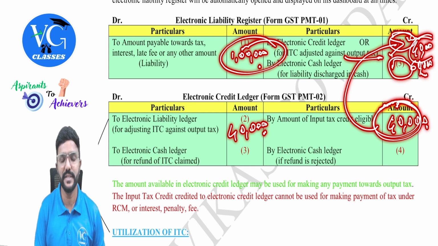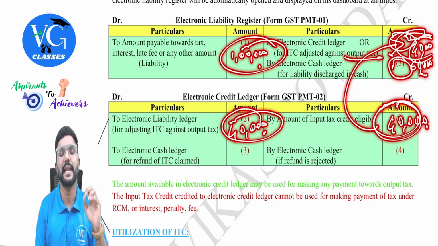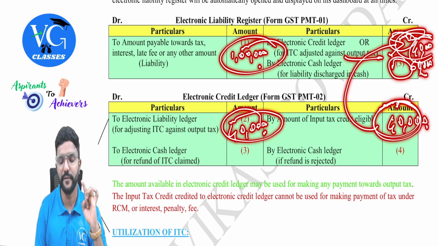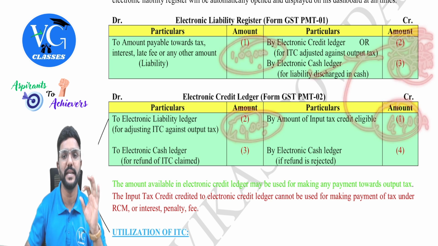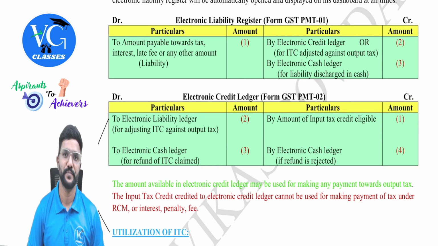When he is using the credit, it will be debited in the electronic credit ledger and credited in the electronic liability register, guys. Remaining amount, if any, has to be paid through electronic cash ledger. And when he is paying 60,000 through the electronic cash ledger, he should have that much balance before making such payment.